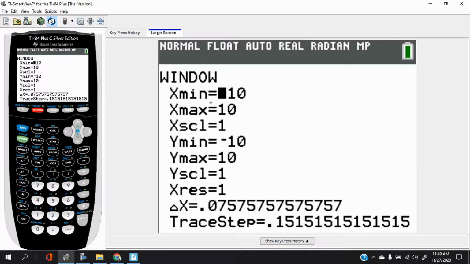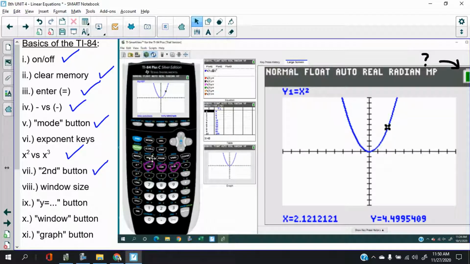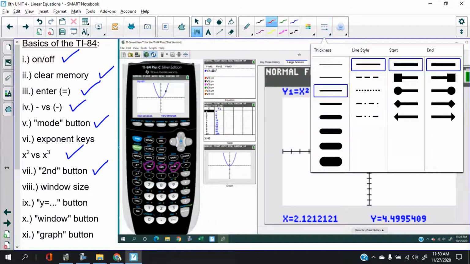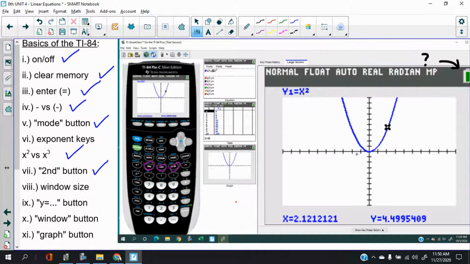So let me demonstrate to you again. What's the factory default on this setting? What is x min? It means it's the smallest x value, and x max means the largest x value. So what does that mean? Let me show you. Let's count. 1, 2, 3, 4, 5, 6, 7, 8, 9, 10.